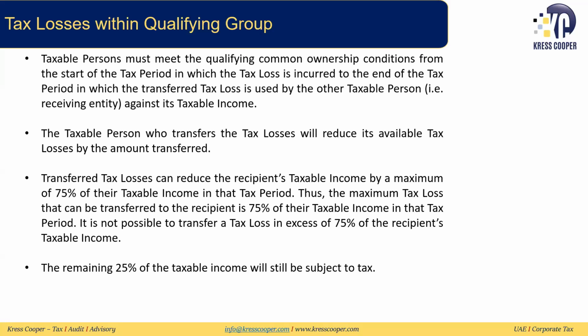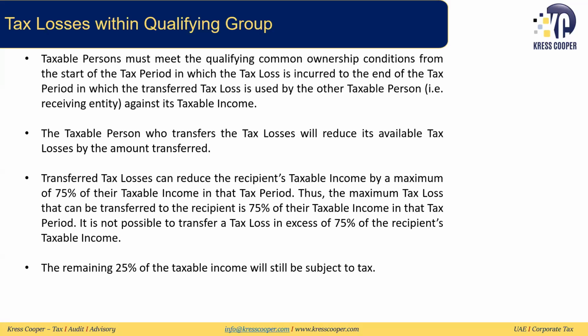So the maximum tax loss that can be transferred from company A to B would be 75% of the recipient's taxable income in that tax period. So it's not possible to transfer tax loss in excess of the 75%. The remaining 25% of the taxable income of the company receiving the tax loss will still be taxable. It's the same rule we discussed for the tax loss, where the company itself is utilizing its own tax loss.